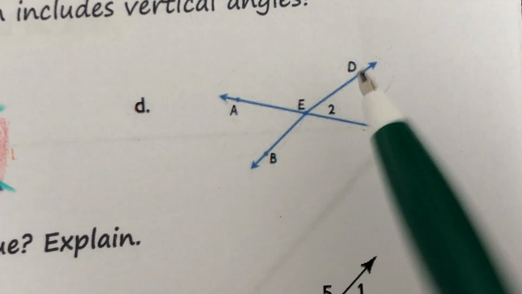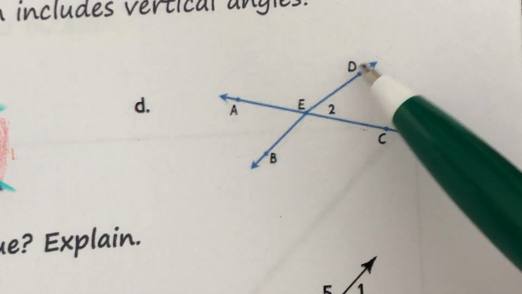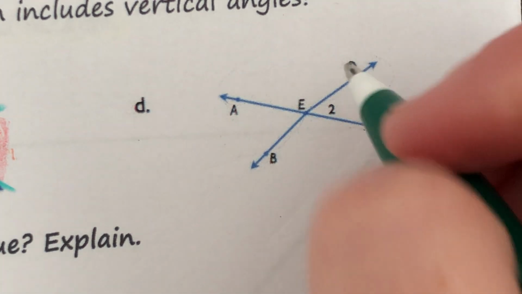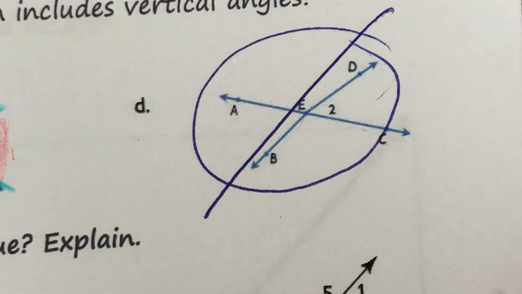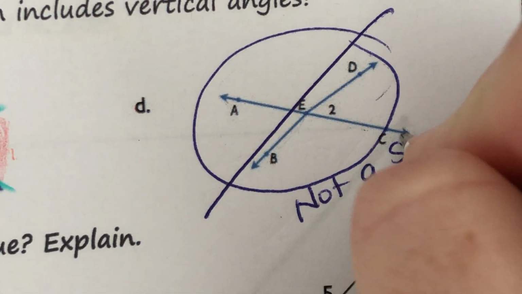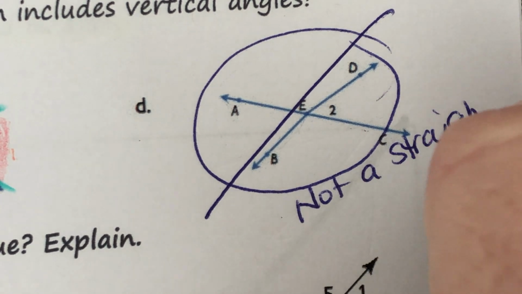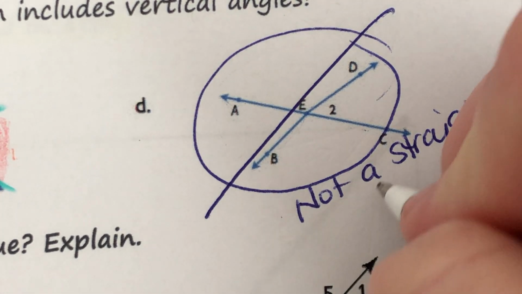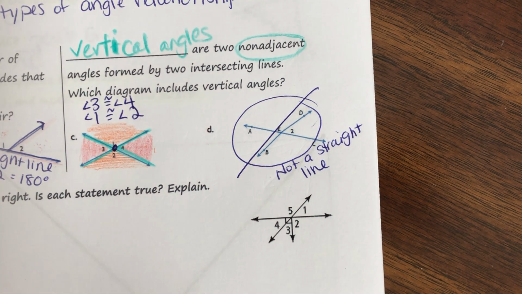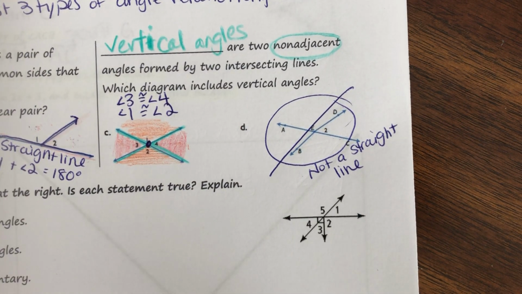AC is straight, but this whole DEB thing, it's broken. So it does not make up vertical angles. This does not work because the line is not straight. We'll say not a straight line. It has to be two straight lines crossing over each other.